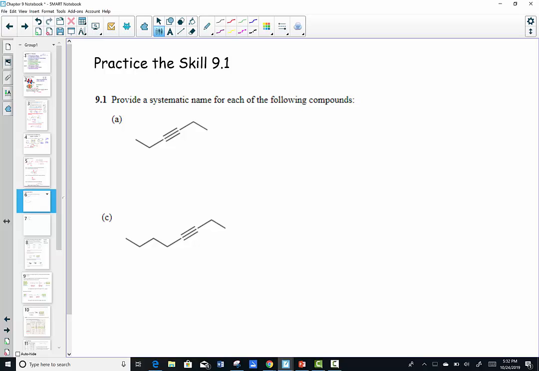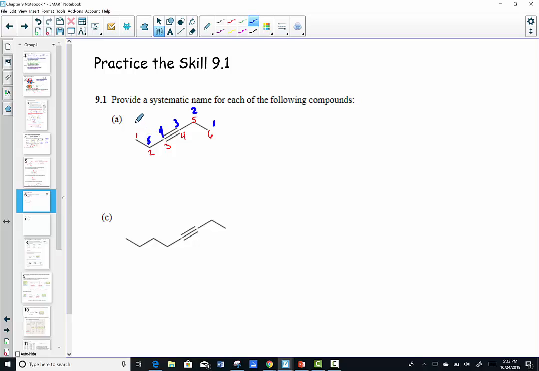Welcome back. Let's name a systematic name for each of the following compounds. We have to find the longest parent chain, and this is not branched. So if I number from left to right, I come up with a 6-carbon chain. Suppose I had numbered from right to left.